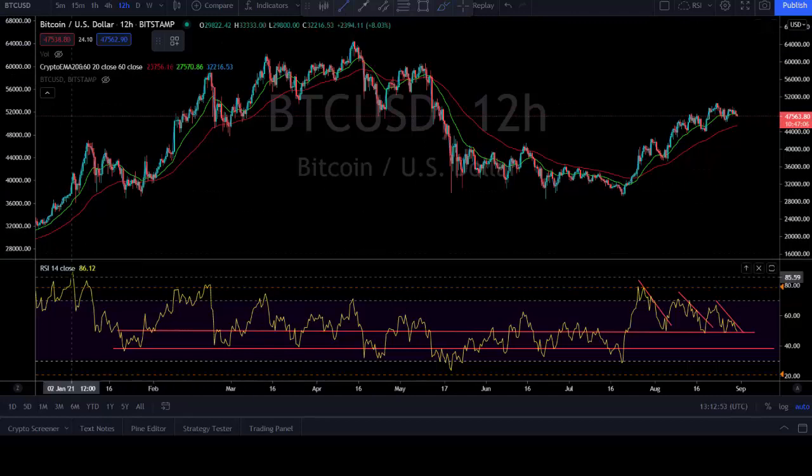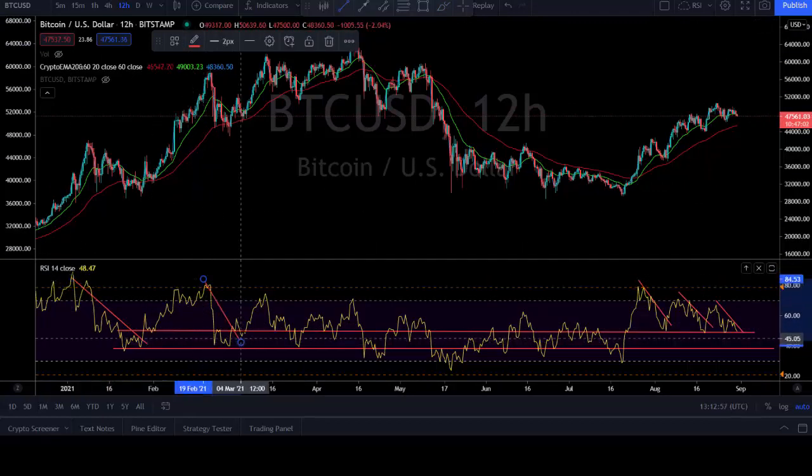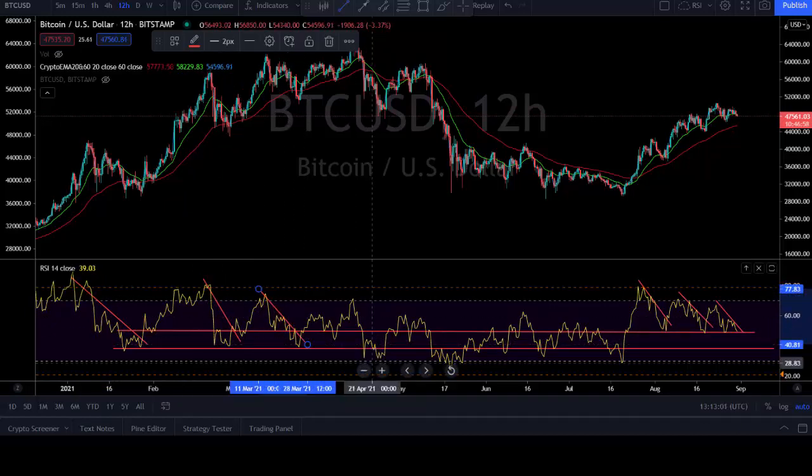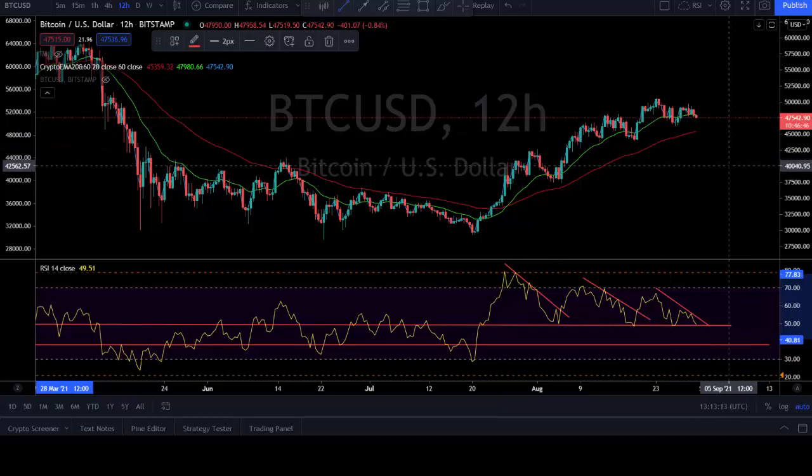So these downtrends were really important as we were breaking to go higher here on the 12-hour RSI. But you can see how far down the RSI got even though we were in the uptrend. I do believe that we are in a larger uptrend, and there are bigger forces than we can imagine actually working on this right now.